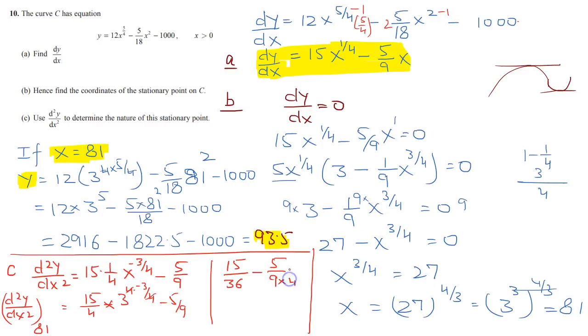So multiply by 4, so this is 15 minus 20, which is minus 5 over 36. So this is negative. If d2y over dx squared is negative, it is a maximum.